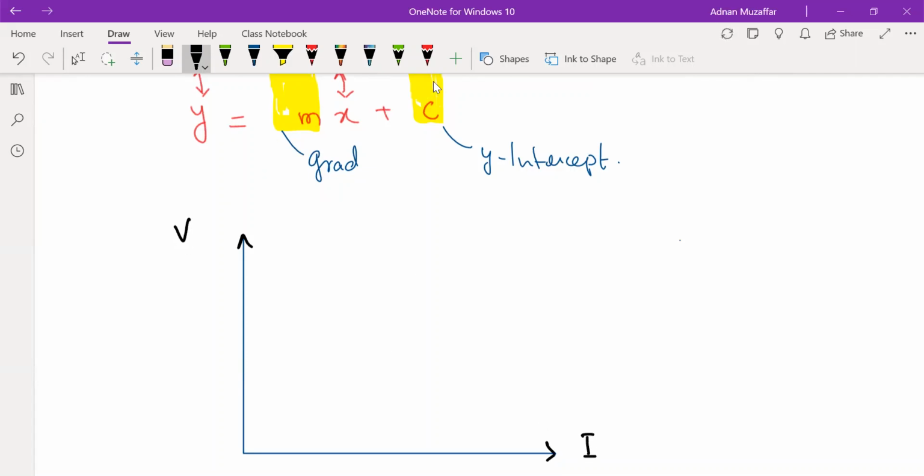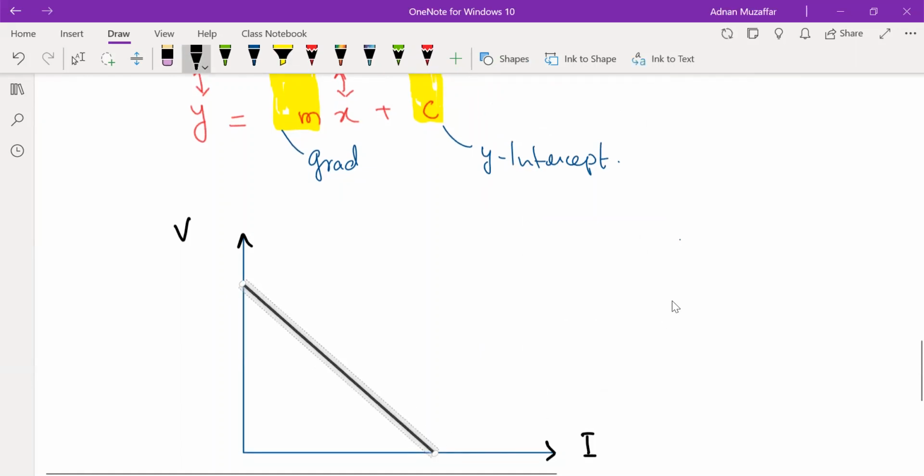So it should be a straight line going downward because it's a negative gradient. Roughly, I can just draw from here to here, just like this. So this will be the y-intercept, and I can find the gradient by choosing 2 points. You can just make a triangle here.